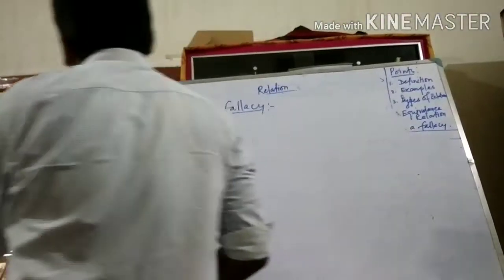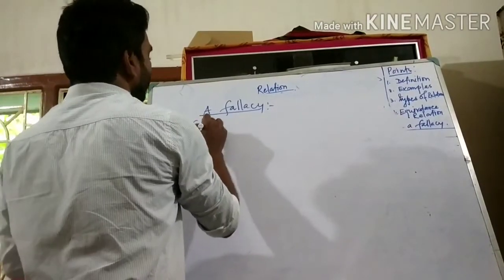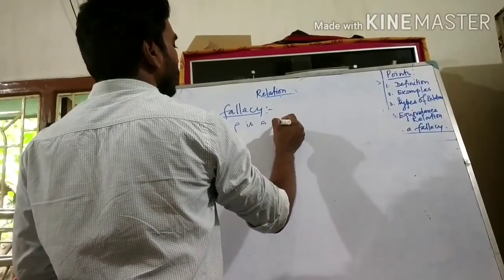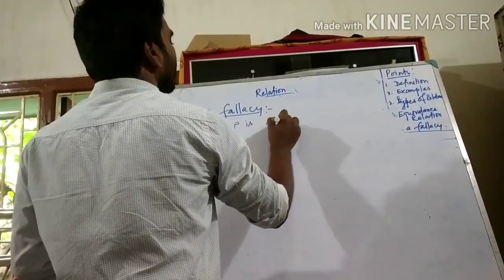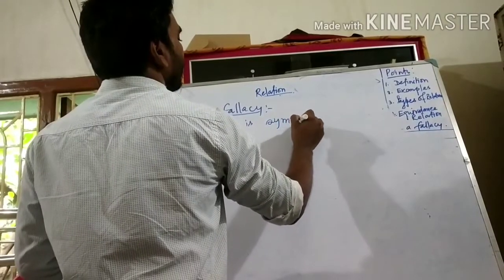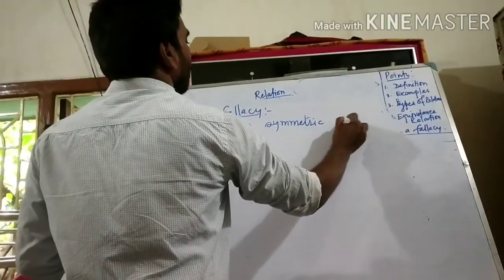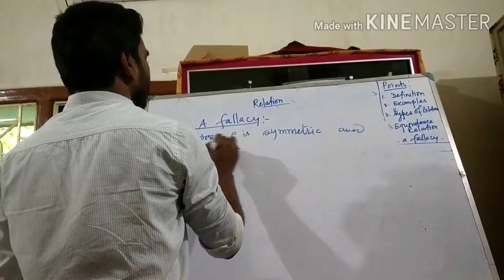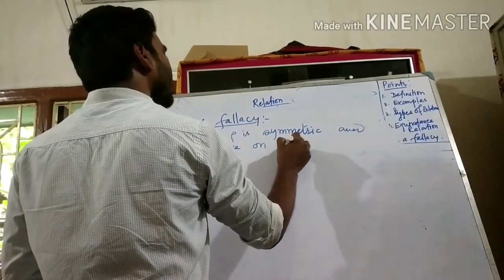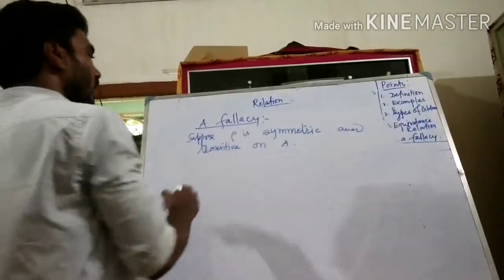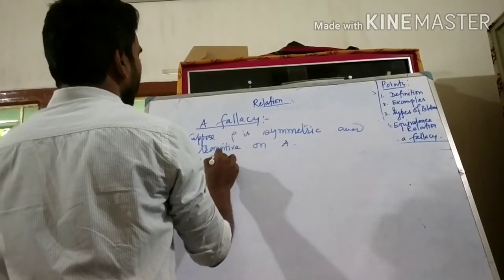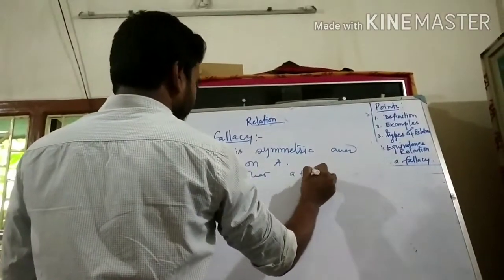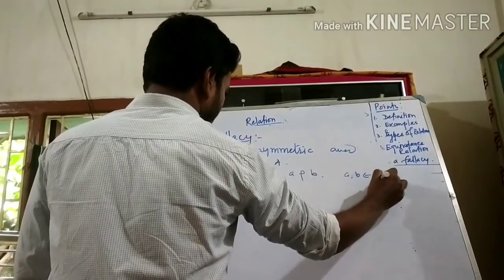Suppose rho is a relation. Rho is, say, symmetric and transitive, defined on the set A. Also, suppose that A rho B, that is, A comma B belongs to rho, right?